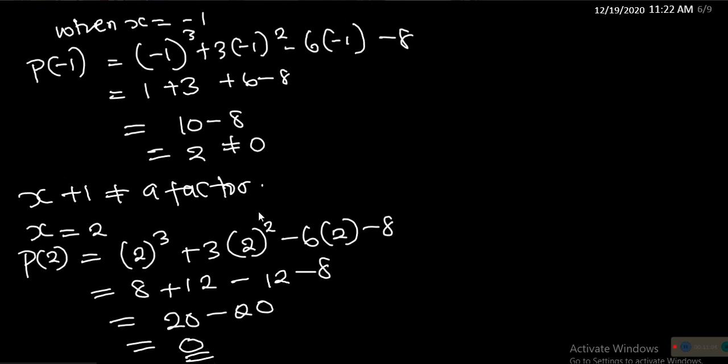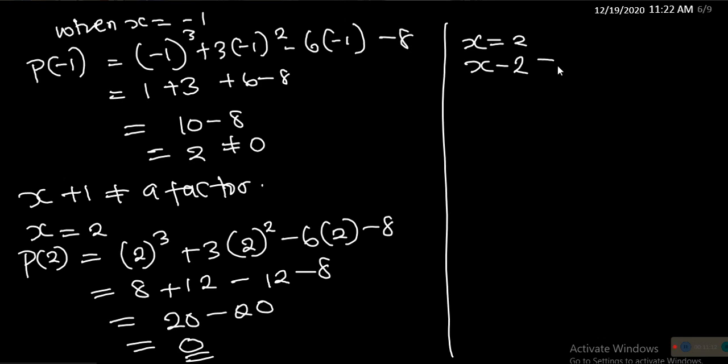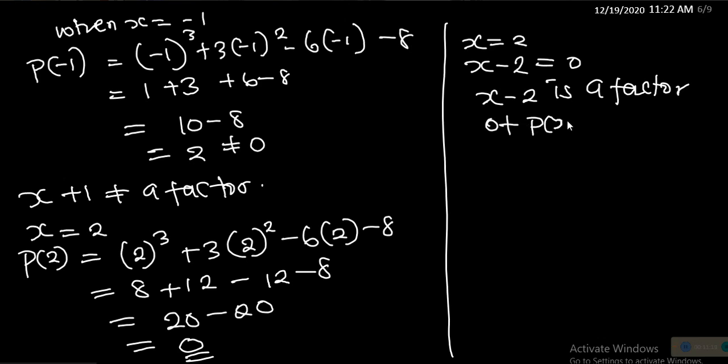Thank God this is 0. So here we can state right away that x equals 2, then x minus 2 equals 0, so x minus 2 is a factor of p of x. Okay, so that is the first step here.